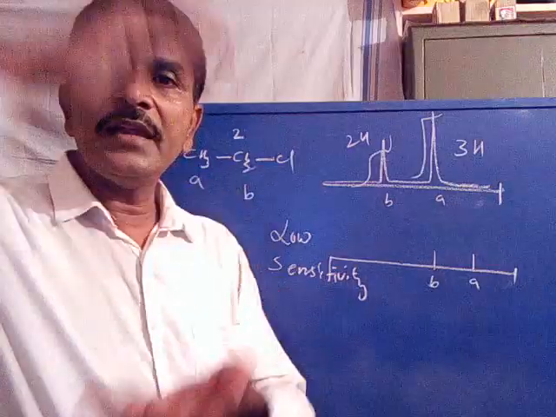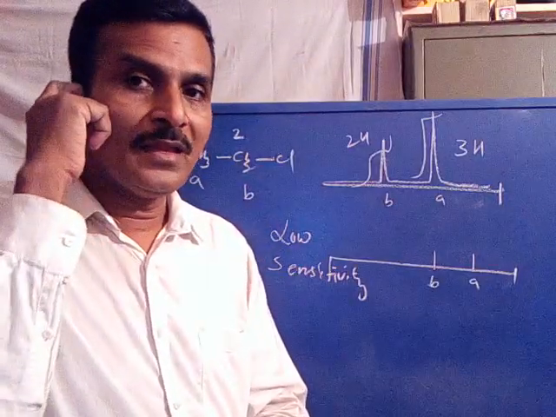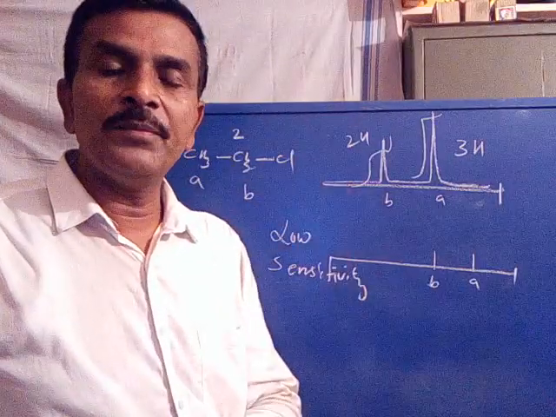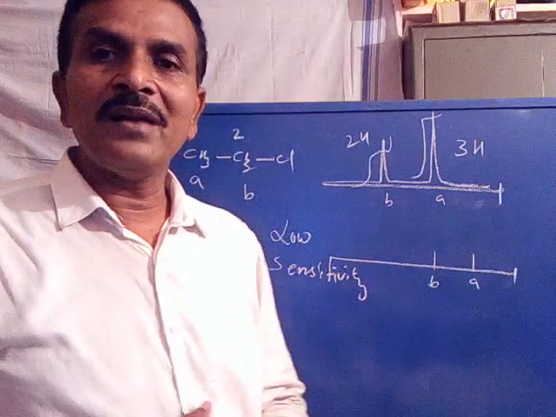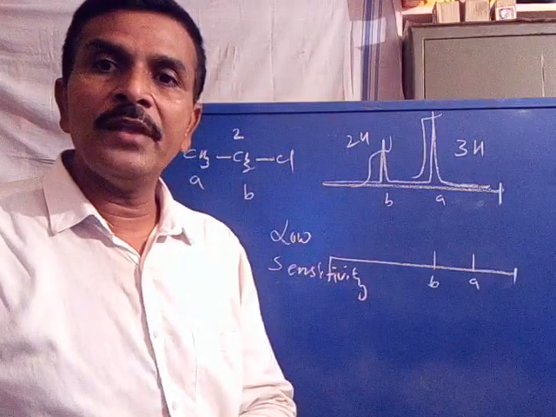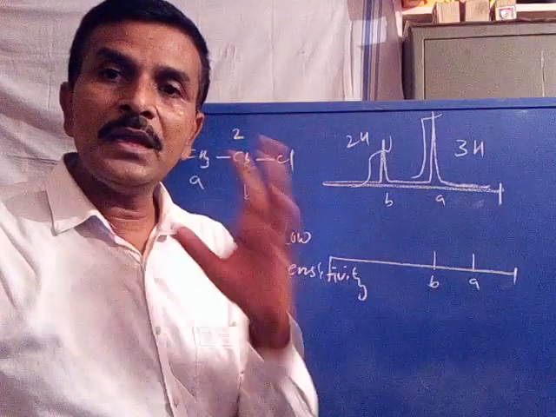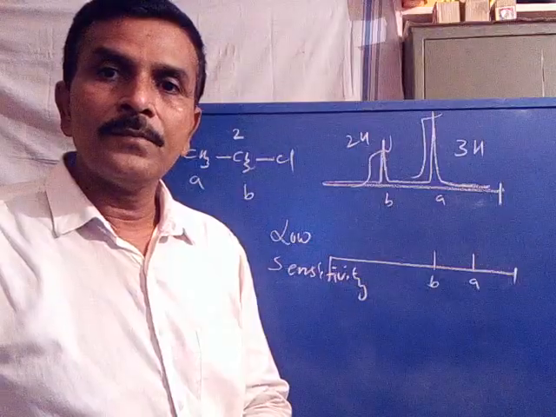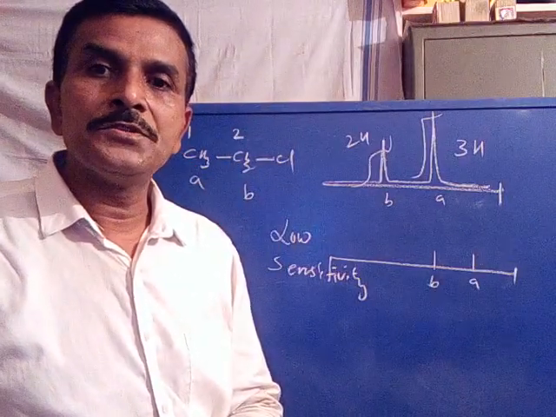When the signal is sharp and intense, integration becomes very easy, the integration process we learned in the first semester. Integration is the process of measuring the height of every signal in order to calculate the number of equivalent protons present in each signal, which is possible if the signal is sharp and intense.